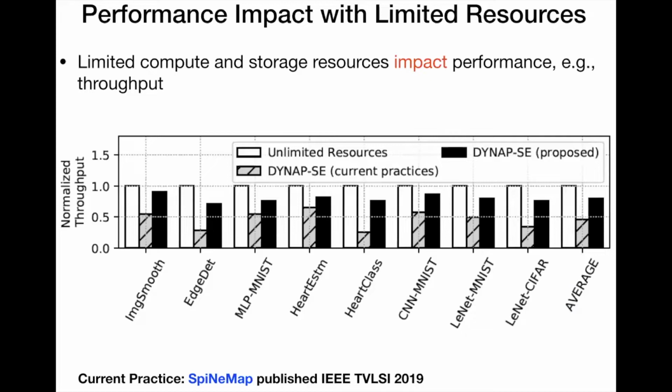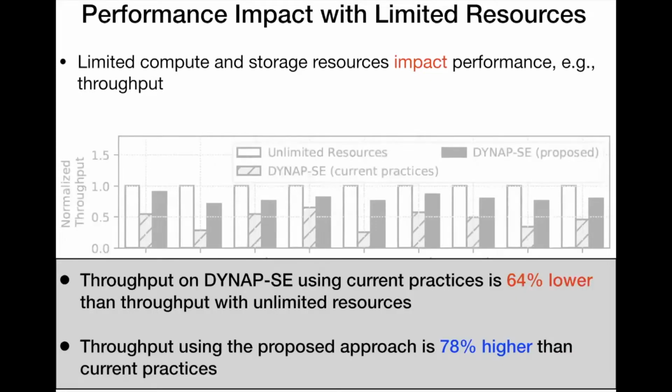We compare this throughput against the throughput obtained on Dynapse using our proposed compiler. So we see that the throughput on Dynapse using current practices is 64% lower than the throughput with unlimited resources. On the other hand, our compiler resulted in 78% higher throughput than this current practice.